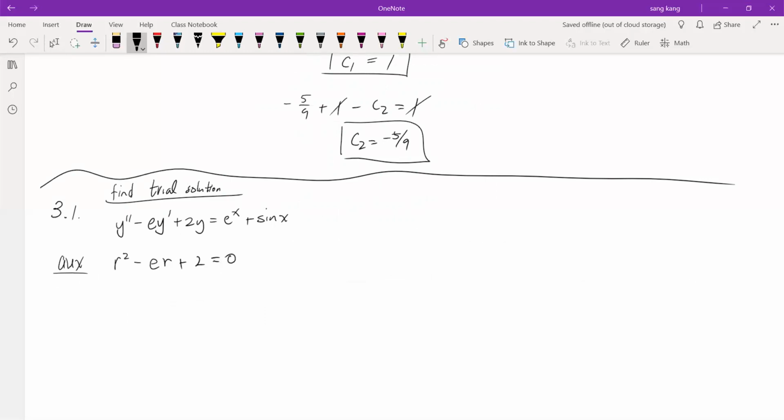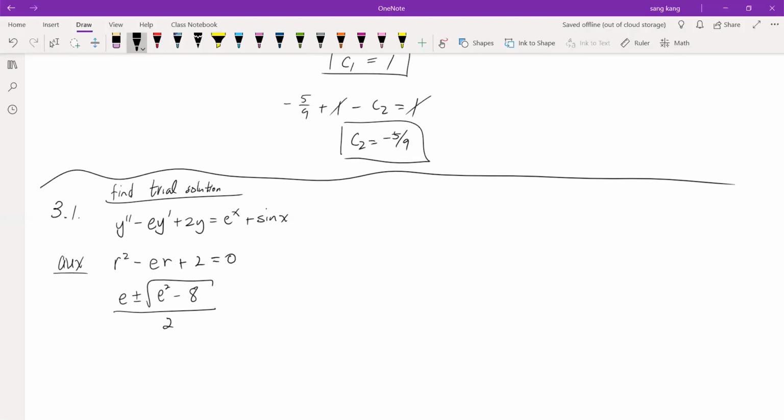We'll use the quadratic formula, so negative e plus or minus the square root of e squared minus 4ac, which gives me minus 8, over 2. In this one, we have to know that e squared is less than 8, so this is going to be a complex number.